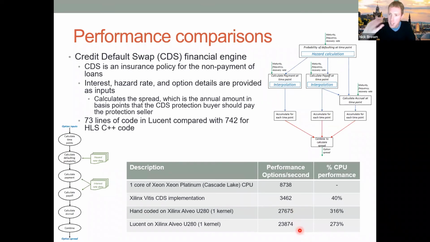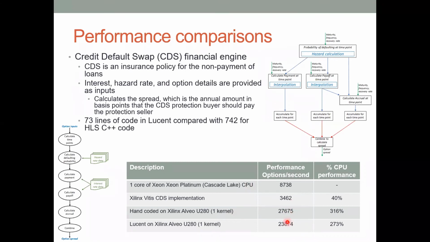And again, I think we can tighten this up and bring the performance closer in. And we're beating pretty convincingly the Xilinx version, which is more optimized for flexibility and ease of integration. Again, in that further work, we scaled up the number of kernels, and that was then competitive with the entire CPU. And that would be the next step after we close down on the handcrafted version in Lucent.